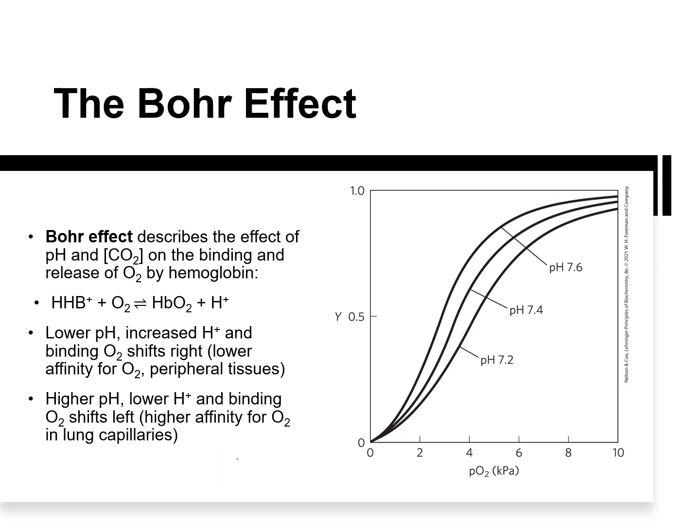If hydrogen ion concentration is high, this is going to shift the equilibrium of this equation to the left. And it's going to mean that we have oxygen being released from hemoglobin and hydrogen ion binding to hemoglobin.